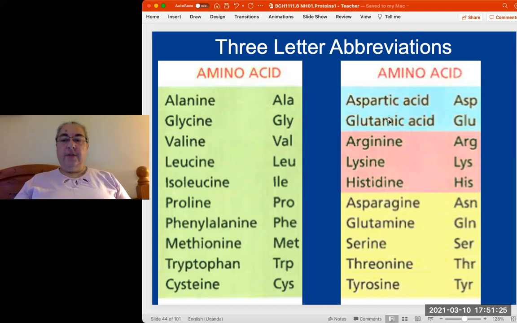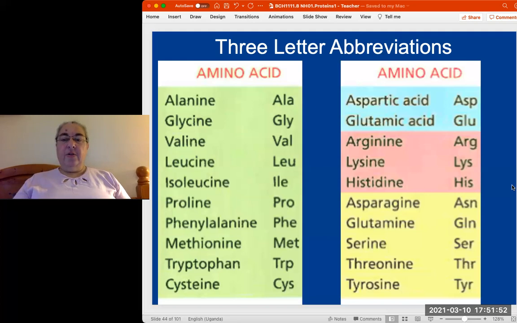Aspartic acid, glutamic acid, asparagine is ASN rather than ASP, because you can see here that there could be a confusion with aspartic acid. So 3-letter abbreviations, mostly the first 3 letters of the name of the amino acid, but with a few exceptions.